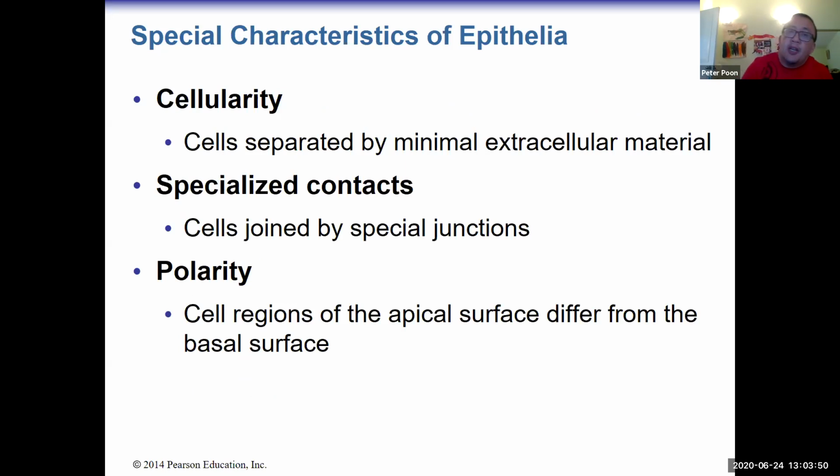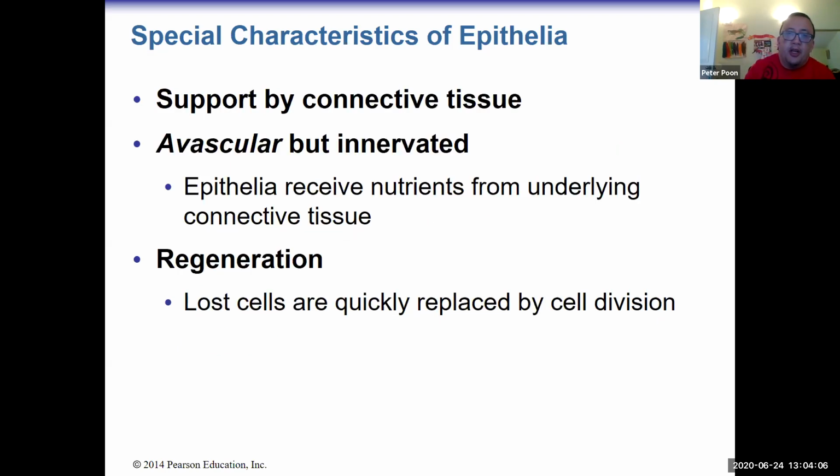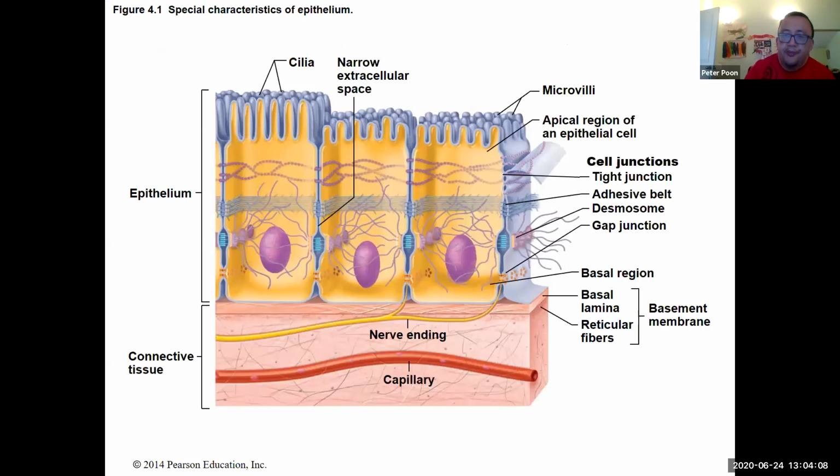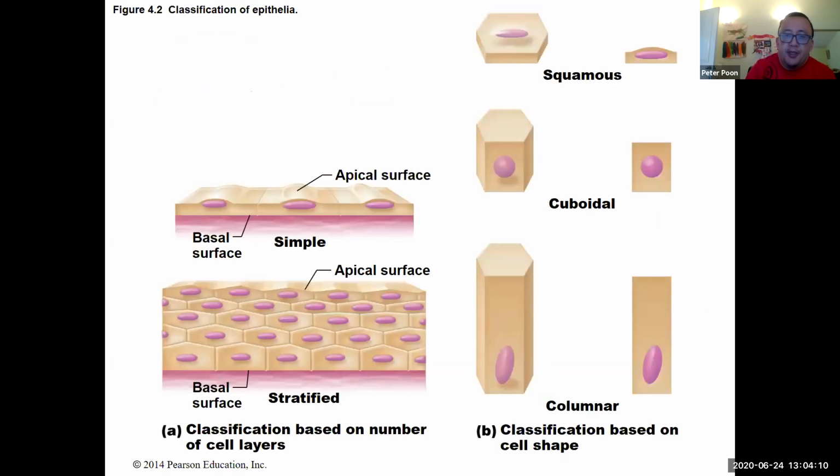The special characteristics of epithelia. One is cellularity. Epithelia have high levels of cells. So when you look at epithelia, what you'll see is cell after cell after cell after cell.